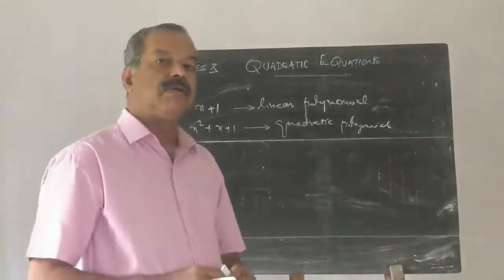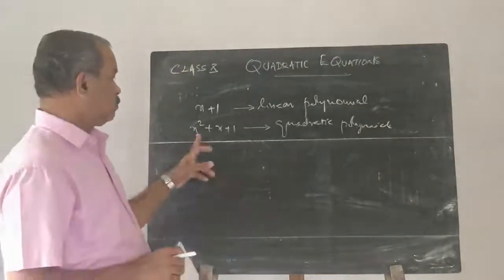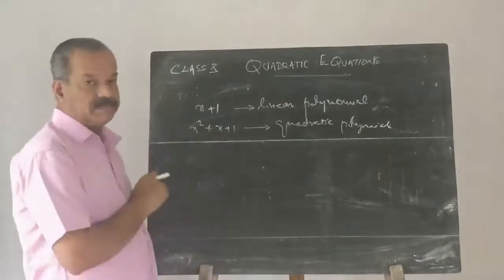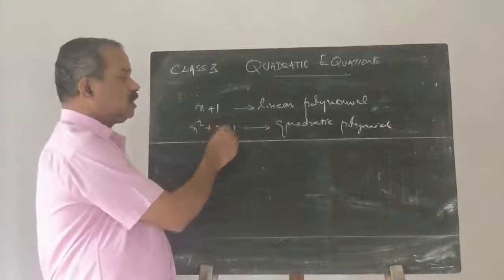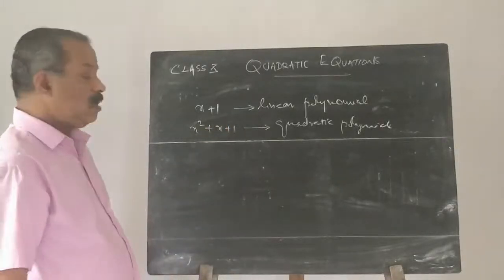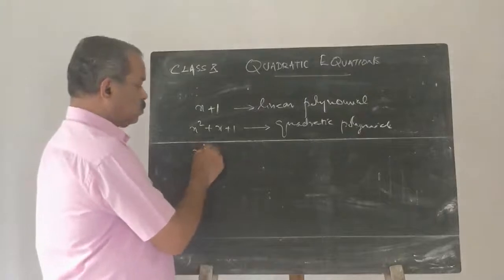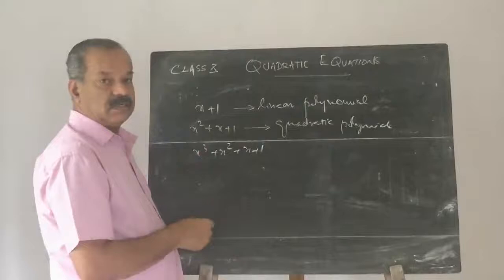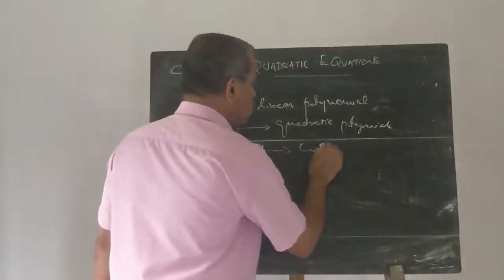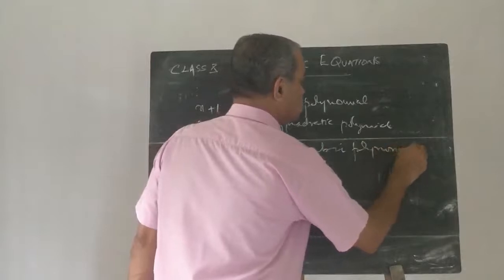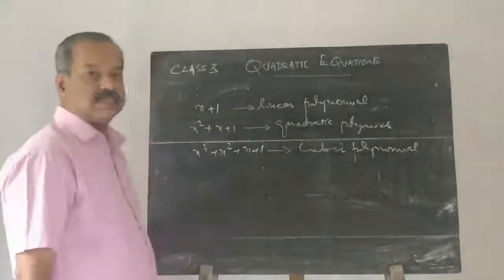The coefficient of the highest degree term is 1, so this term exists here. So this is a quadratic polynomial. Now x cubed plus x square plus x plus 1 is a cubic polynomial, because its degree is 3.